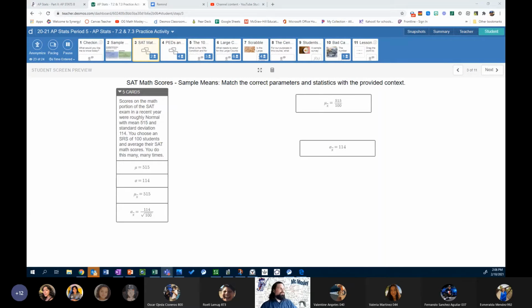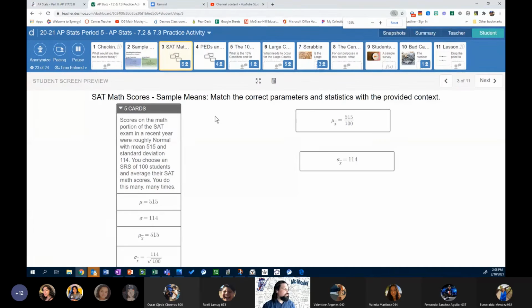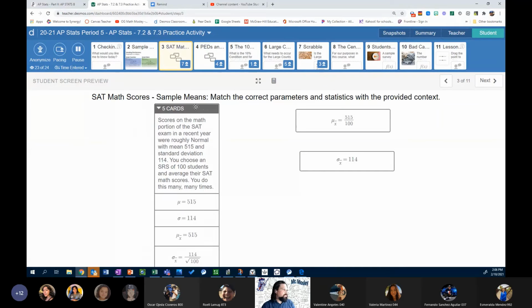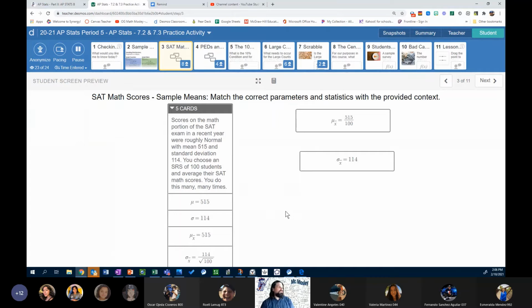All right, so if we go to our first problem, the SAT math scores problem, let me zoom in a little bit. There. This is the proper sorting. We have a mu for the population of 515 and a standard deviation, sigma, for the population of 114. That's in the first sentence of the context.